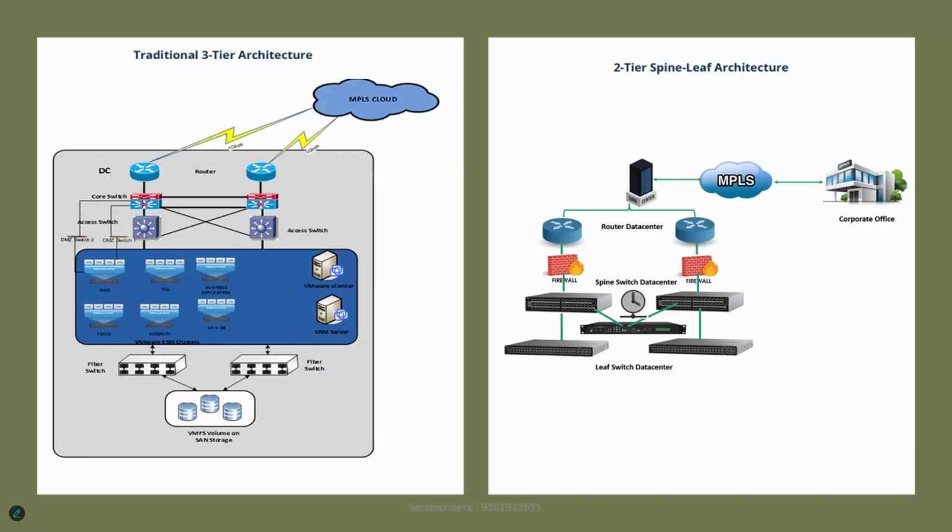So now let's move on and take a real-time example for this two-tier spine leaf architecture, with server connecting to leaf and spine switch, with some VLAN ID details related to the virtual environment. Let's try to understand that.